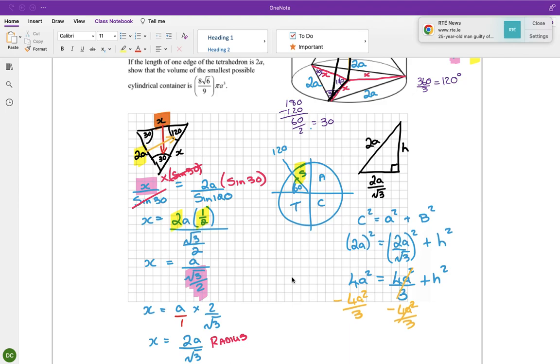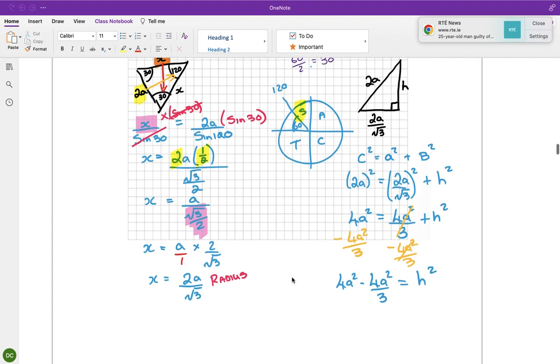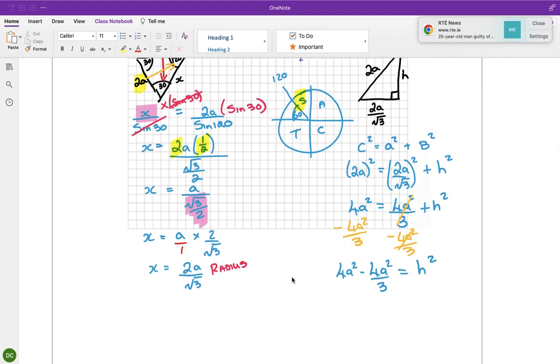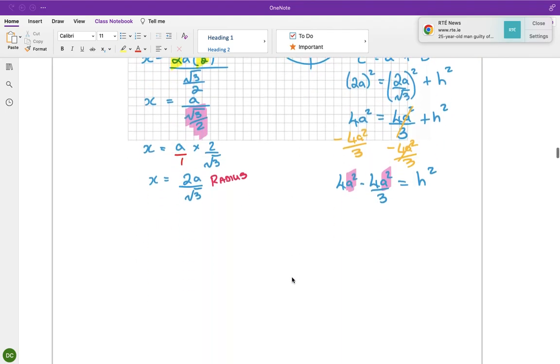So I have 4a squared minus 4a squared over 3 equals h squared. Now these are both a squareds, they're in the same family, so I can just do 4 minus 4 over 3 and I get 8 over 3. Oh, I think there was an 8 in it, wasn't there?